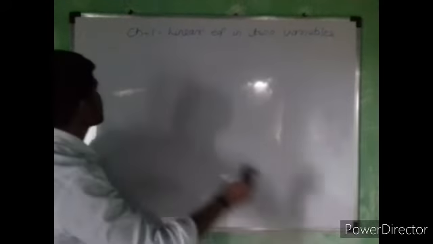Then we see the general form of linear equation in two variables.